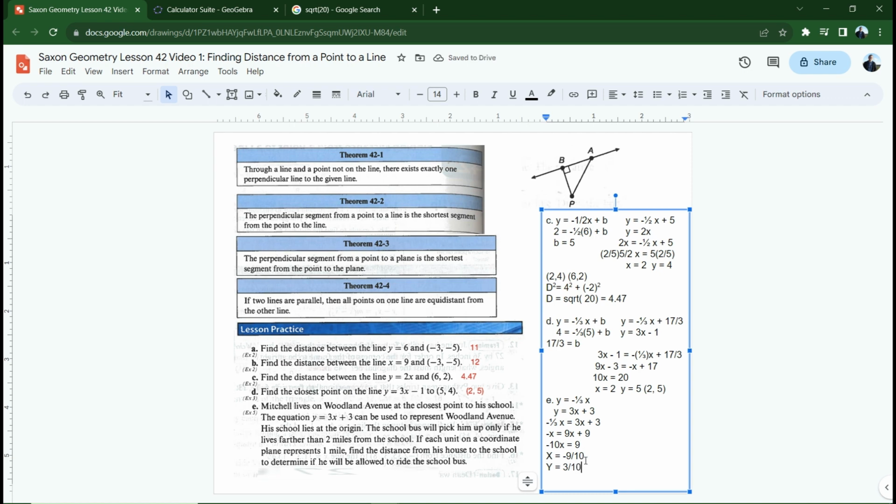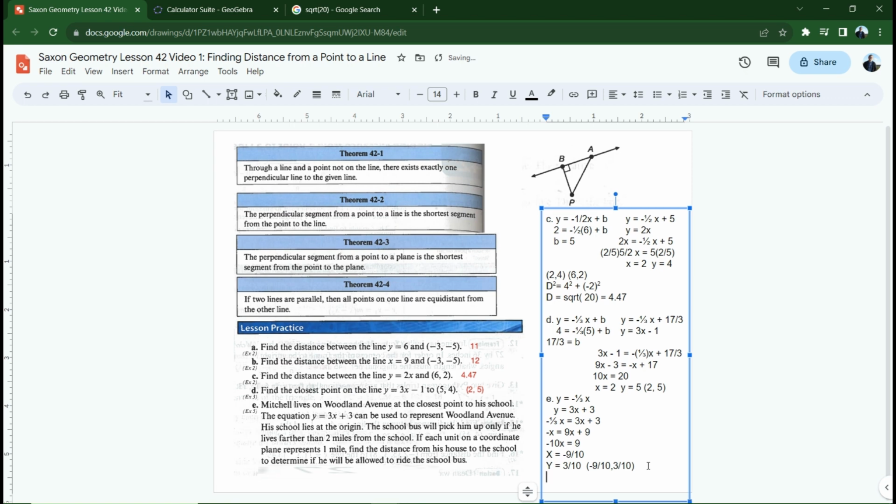So my x, y coordinate for where this student lives, or the closest point between the school and the street, is negative 9/10, comma, 3/10. Now, this is going to be a bear of a distance formula, but I have to use the distance formula between the origin and the student's location.